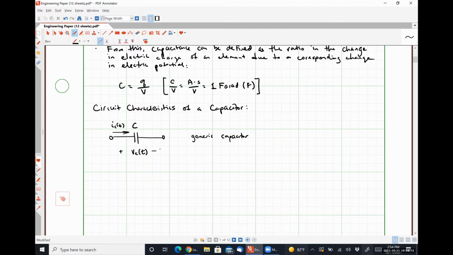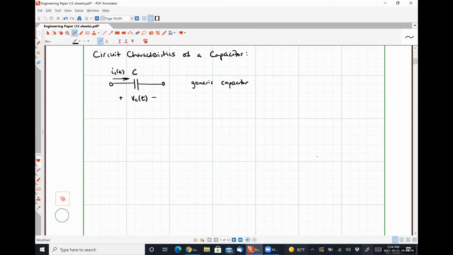All right. Our second schematic representation for a capacitor is this guy right here, where we have one straight plate and one curved plate. This guy also obeys the passive sign convention.